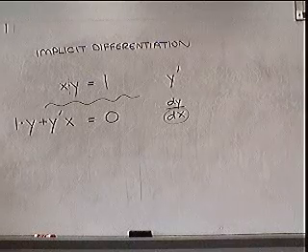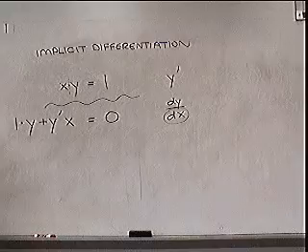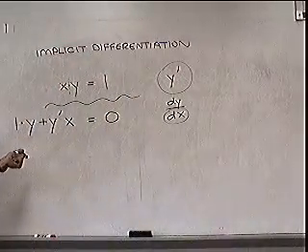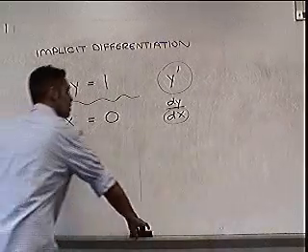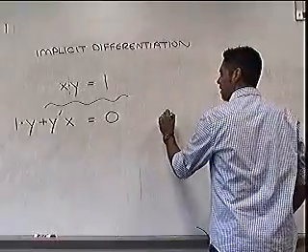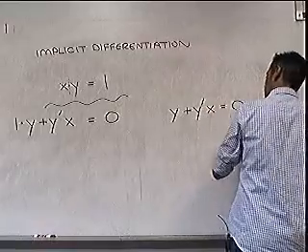Yeah? Is that all we have to do? Well, what is it we're trying to solve for? What are we trying to find in this problem? Y prime. So get y prime by itself now, on one side of the equation. So let me write down what this is. I don't need the 1 out there, right? This is y plus y prime x equals 0.